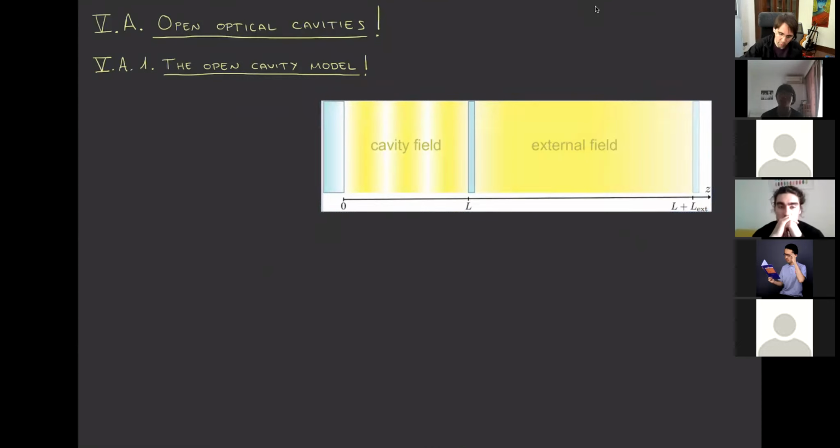We have already studied a cavity in which we have a perfectly reflecting mirror and another perfectly reflecting mirror at position L. What we will do now is something very natural, which is that we will assume that this mirror at position L is not perfectly reflecting. So it allows a bit of transmission of light.